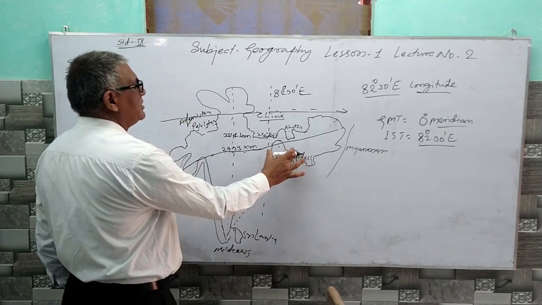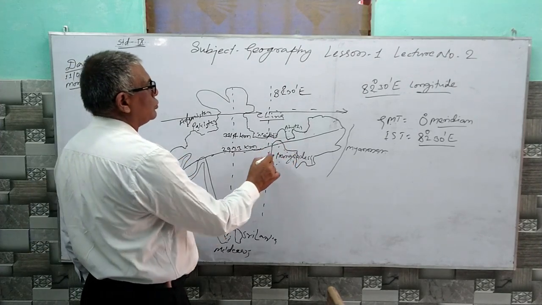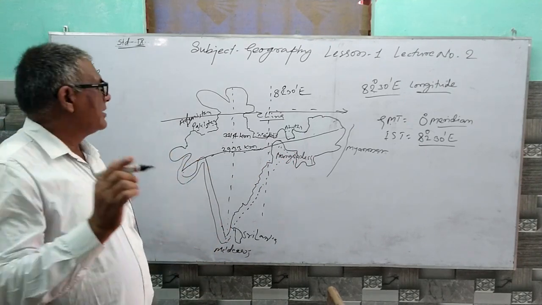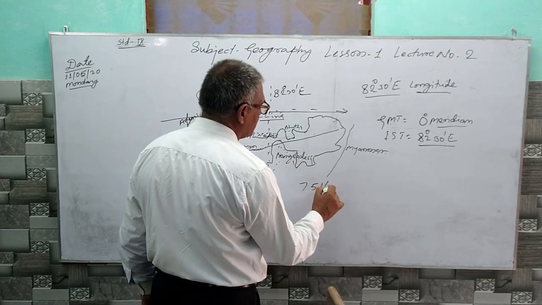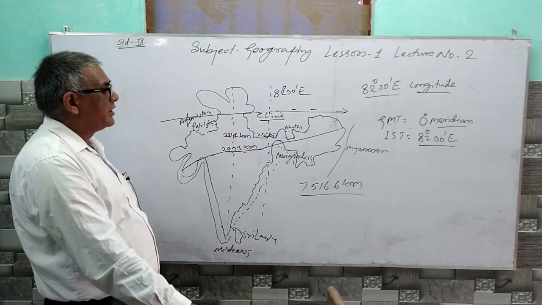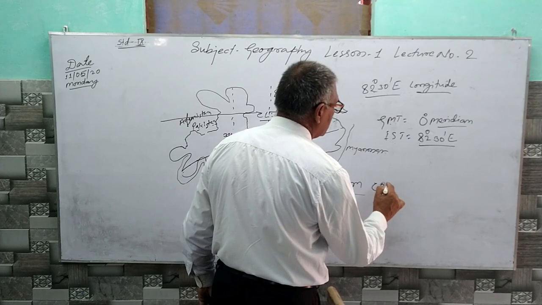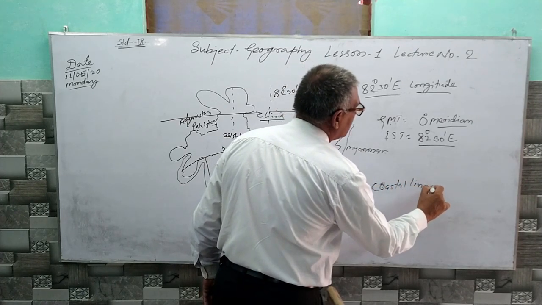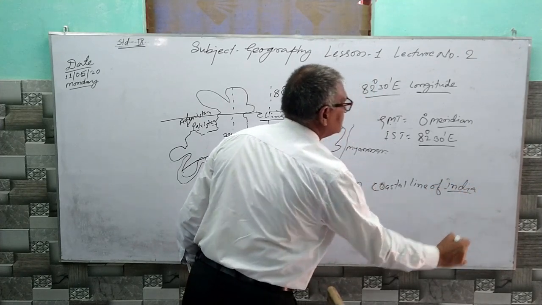So these coastal lines from the Rann of Kutch to the Bay of Bengal are 7,516.6 kilometers. This is the coastal line of India.